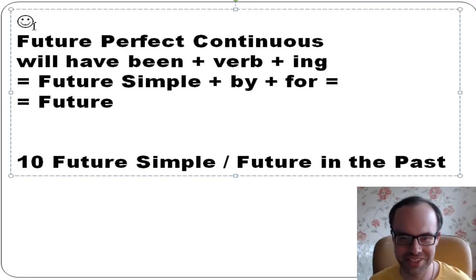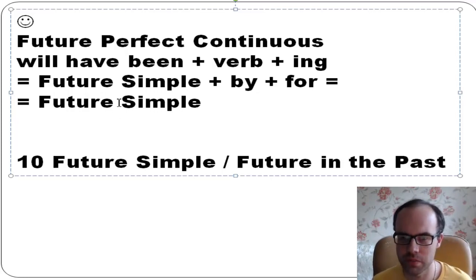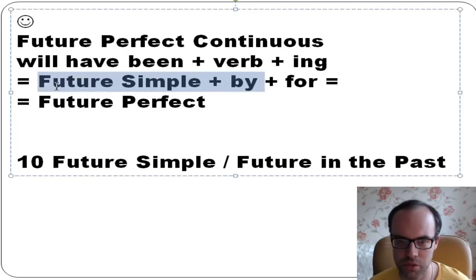It's my secret, but it isn't a secret any longer, because I taught maths and I know maths pretty well. I think it's okay that I'll explain it to you this way. It's future simple plus by, which is future perfect.